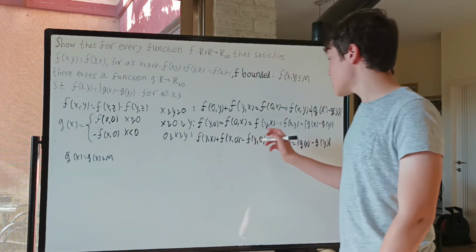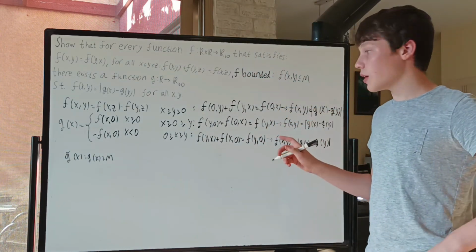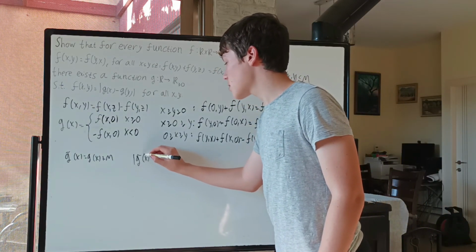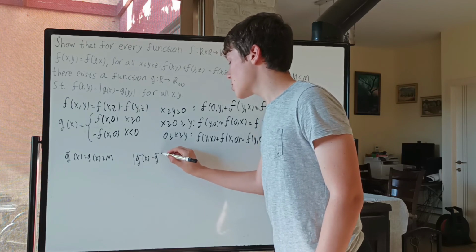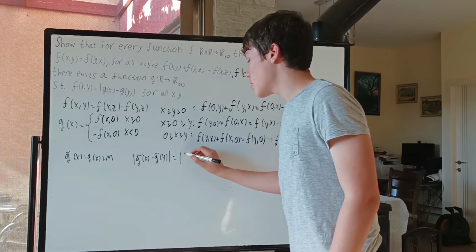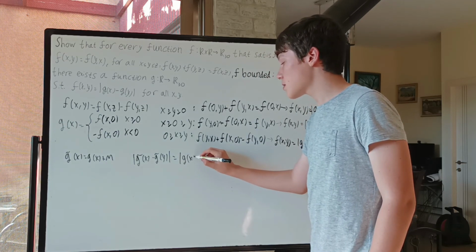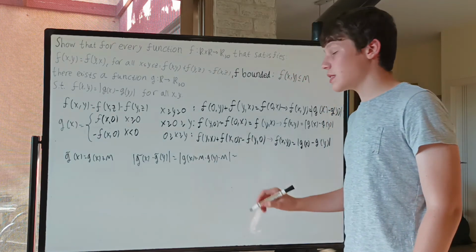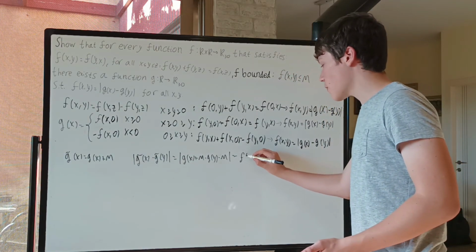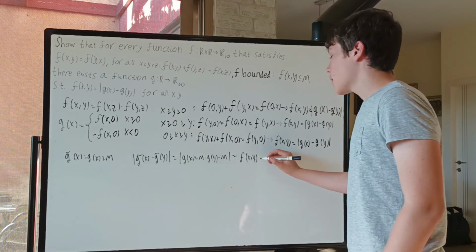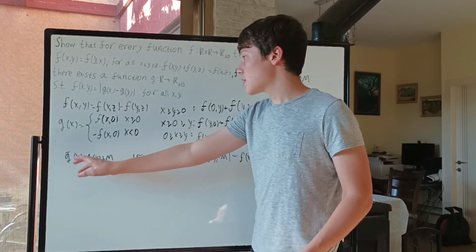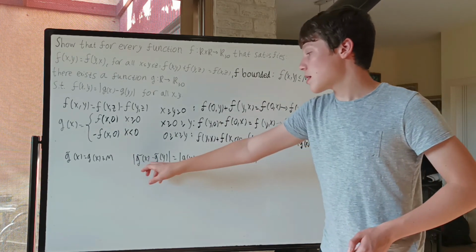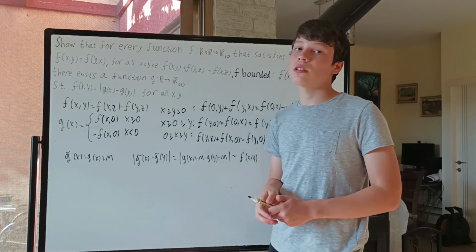And clearly, since f of x comma y is the absolute value of g of x minus g of y, I can say that the absolute value of g tilde x minus g tilde y is the absolute value of g of x plus M minus g of y minus M, which is the absolute value of g of x minus g of y, which is f of x comma y. And so we found it. g tilde is a function from R to R bigger than or equal to 0 that satisfies f of x comma y is the absolute value of g tilde x minus g tilde y.